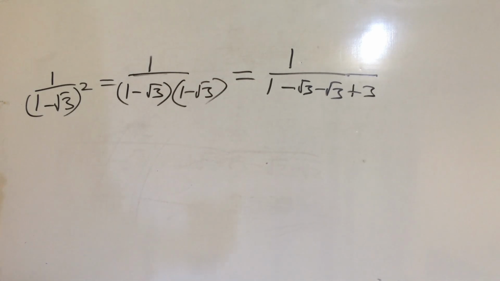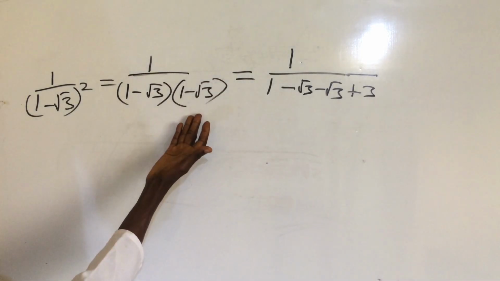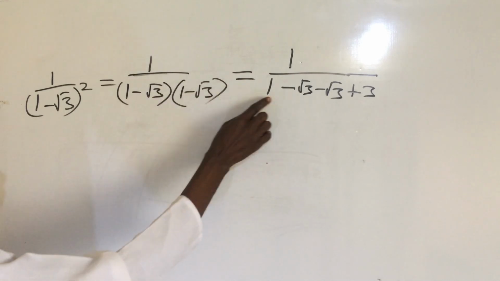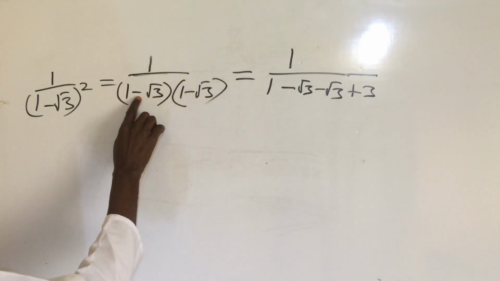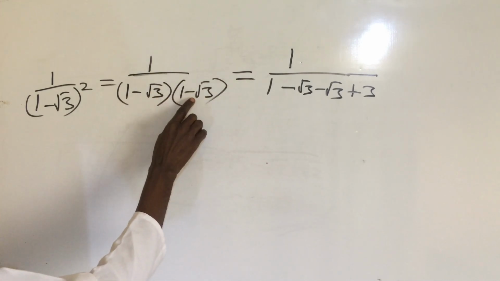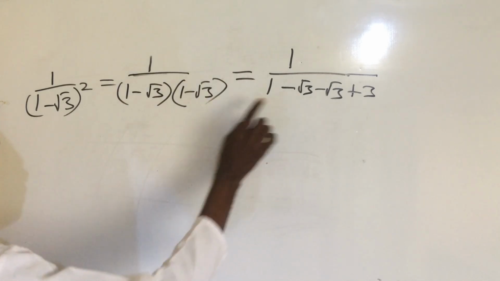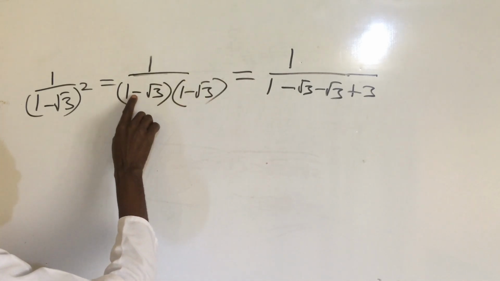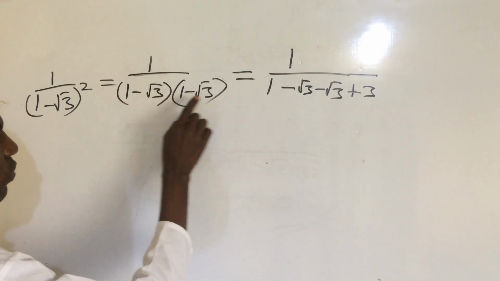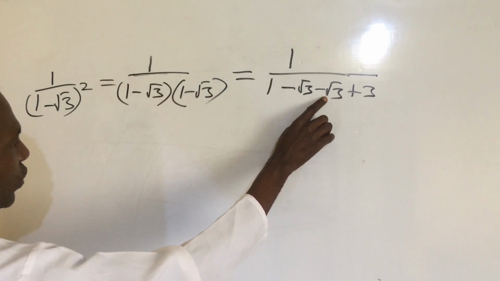Remember our first solving. What did I do? I opened the bracket, okay? 1 times 1 is 1, minus the same, 1 times minus root 3 is minus root 3. Coming to this one, minus root 3 times 1 will give us minus root 3.